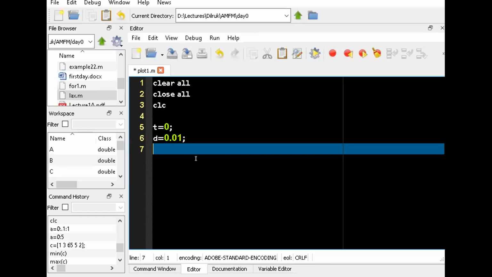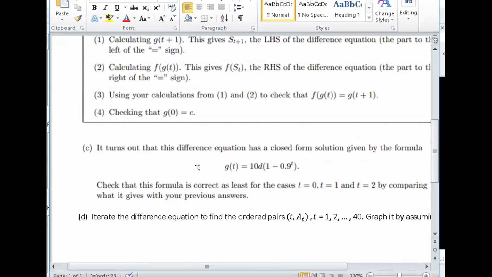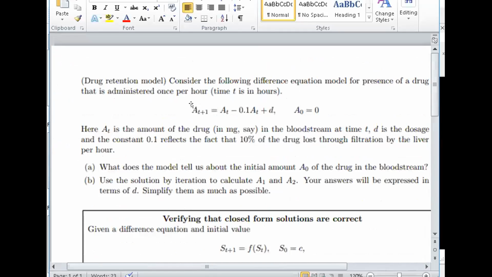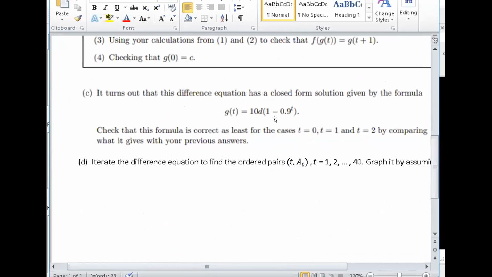What else? T depends on this dependent function, g of t, or anything like a of t, because this is a closed form. g of t is the same as a of t, a sub t.